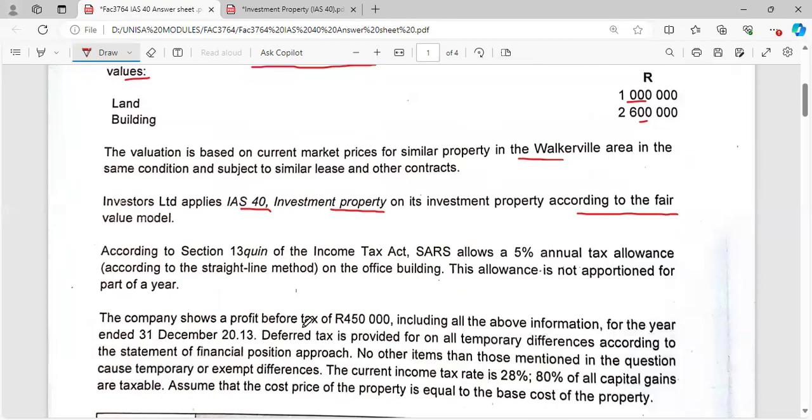According to Section 13 of the Income Tax Act, SARS allows 5% annual tax allowance according to the straight line on the building. You see what I was talking about there? So which means we are going to have a recoupment tax and capital gain tax on the building here. This allowance is not apportioned for part of the year.